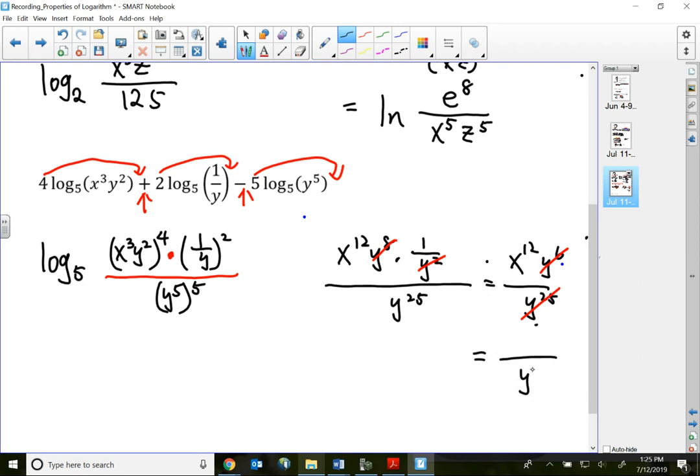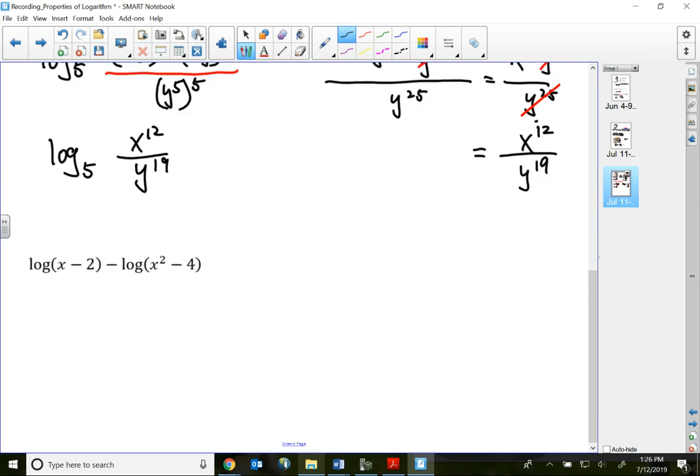That should leave me with 25 minus 6, 19. All right, so there are extra 19 y's down here compared to the top. So the top will only have x to the 12. So my final answer: log with the base 5 of x to the 12 over y to the 19. That would be the answer.